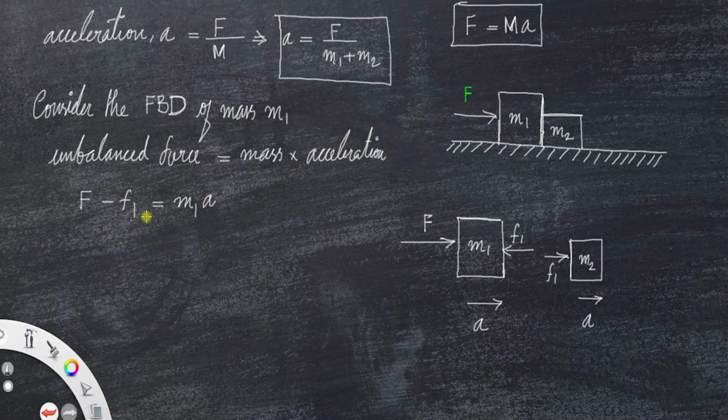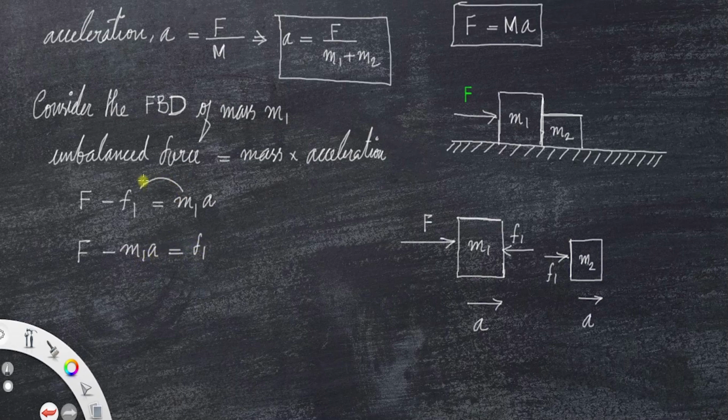Now, we need to find F1. So F1 is equal to, take this m1a to the left and this F to the right. So simplifying, F minus m1a is equal to F1.